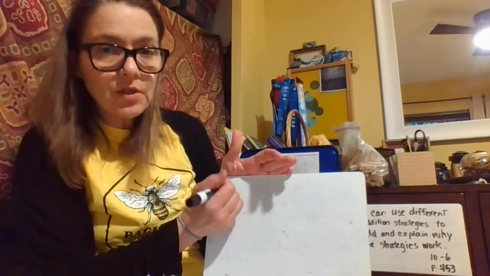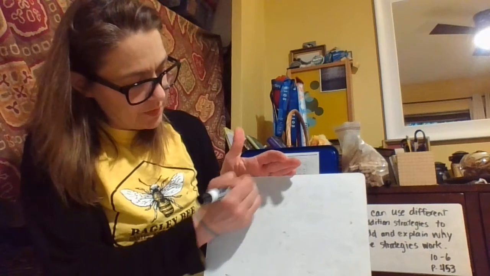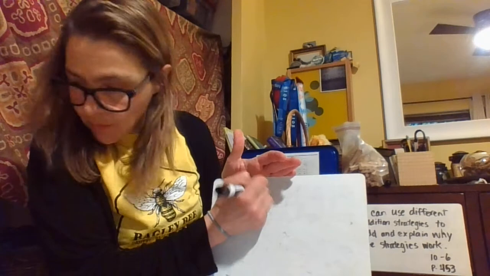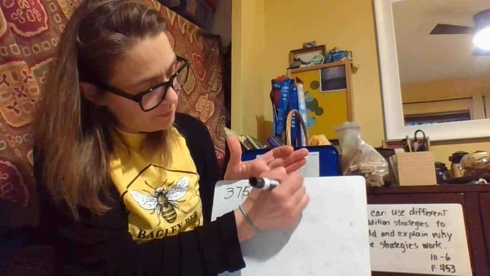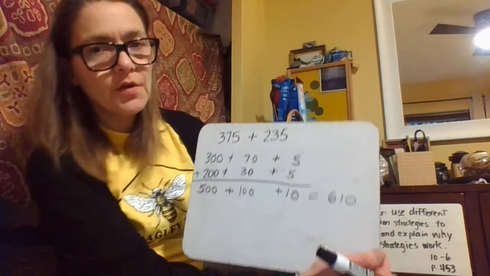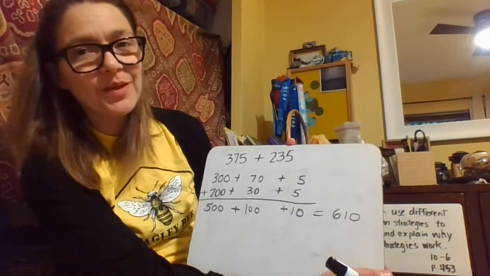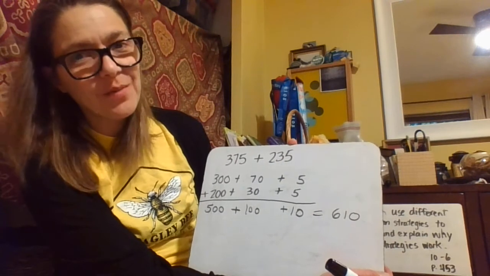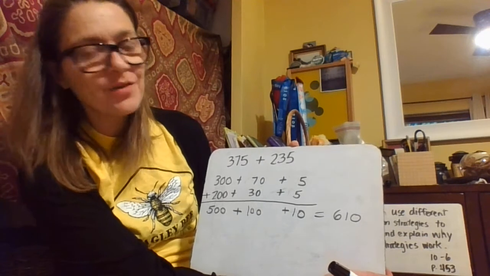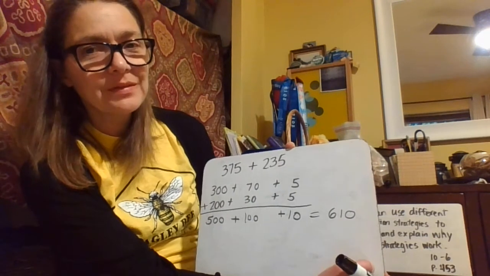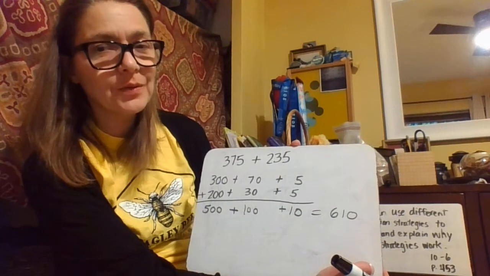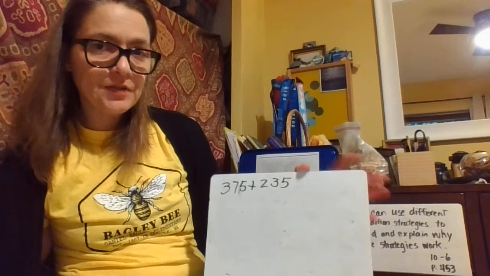So we'll have the same equation, 375 plus 235. Oh, and this works because you are putting the numbers into their place value, and then you're adding them in their place value and getting their sums, and then you're adding it back together again to get the total. That's why partial sums works, because you're splitting it into the place value columns.